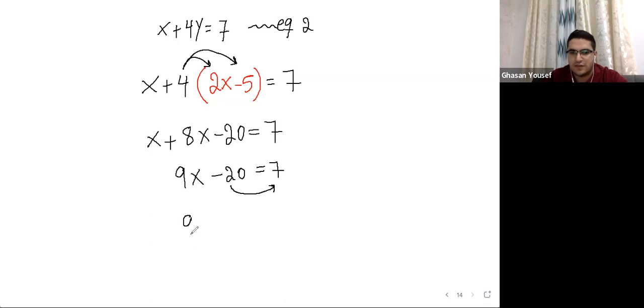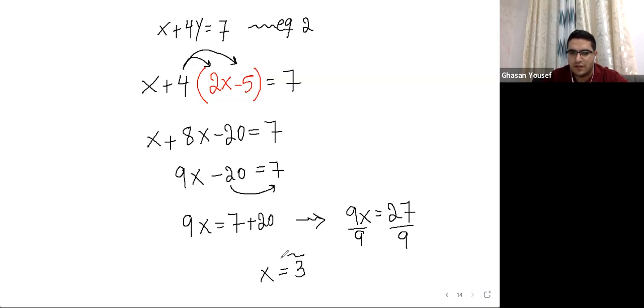Exactly. So I get 9x equal 7 plus 20. Now I get 9x equal what? 27. Divide both sides by 9. x equals what? 3, correct. This is the value of x.